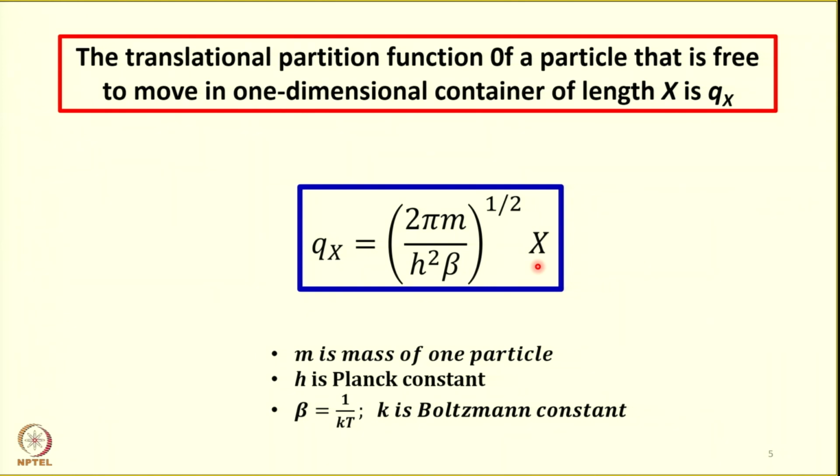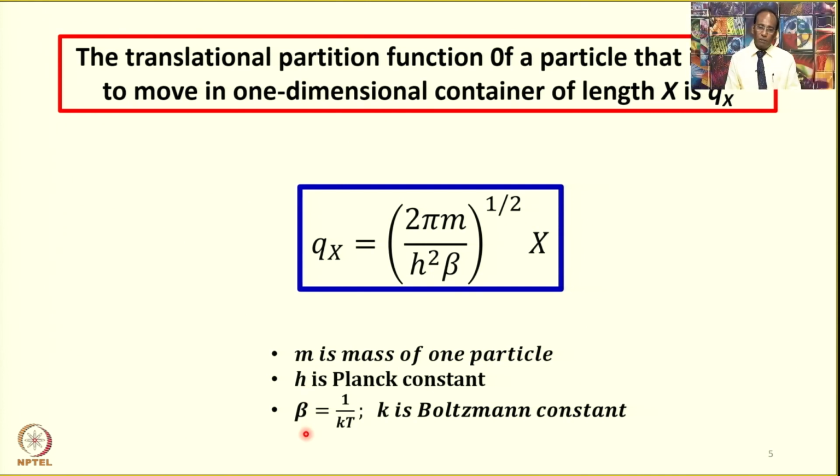In this expression, m is the mass of one particle. As discussed earlier, if it is hydrogen, let us say H2, then it is going to be 2 divided by Avogadro constant and you convert into kilogram. h is Planck's constant, beta is expressed in terms of temperature, which is equal to 1 by kT.